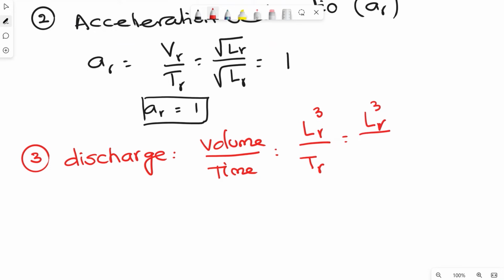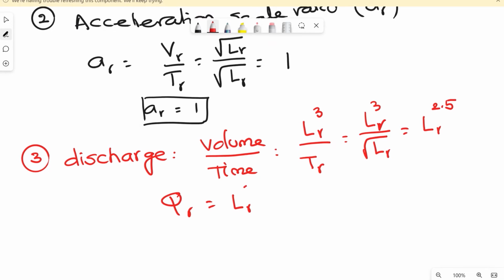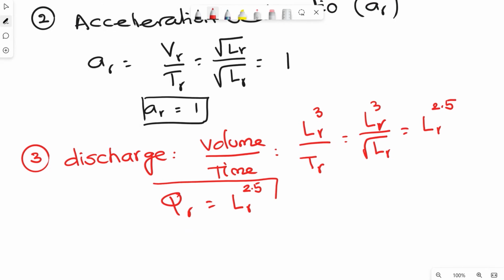So LR cubed by root LR. If I do it, it is LR to the power of 2.5. So QR is equal to LR to the power of 2.5.